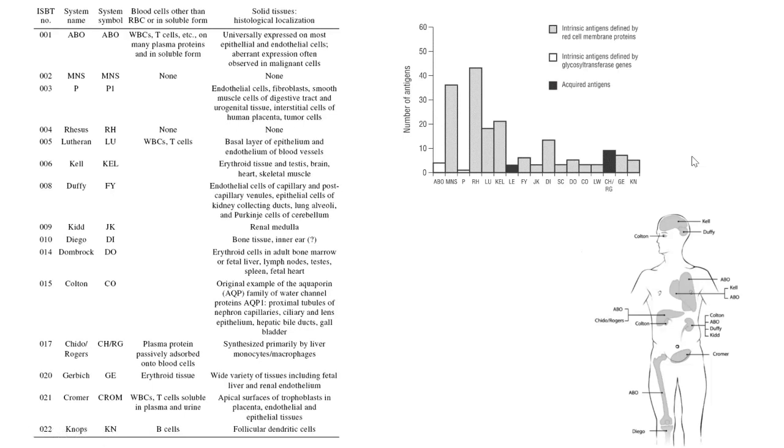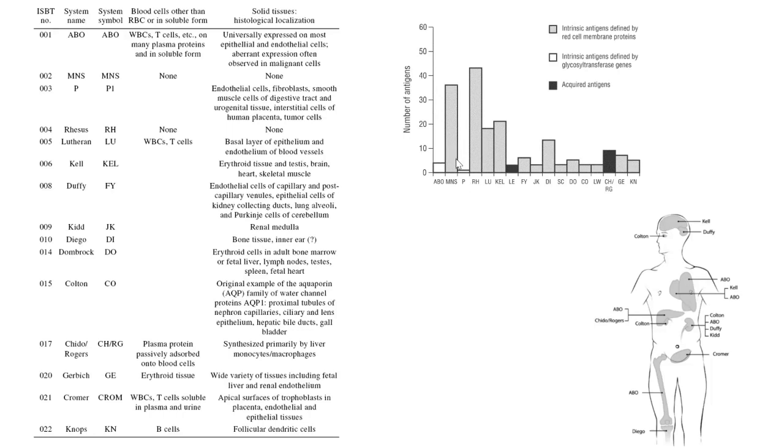The table on the left lists what solid tissues some of these antigen systems may be localized at or differentially expressed within. The bar graph is giving a bit of an outdated but still relative quantitative sense of antigen diversity and the nature of antigen expression.